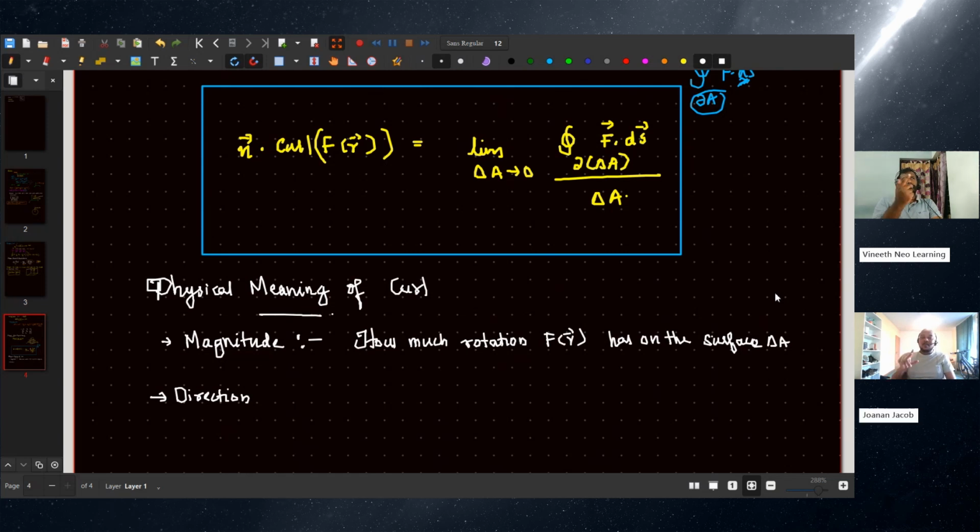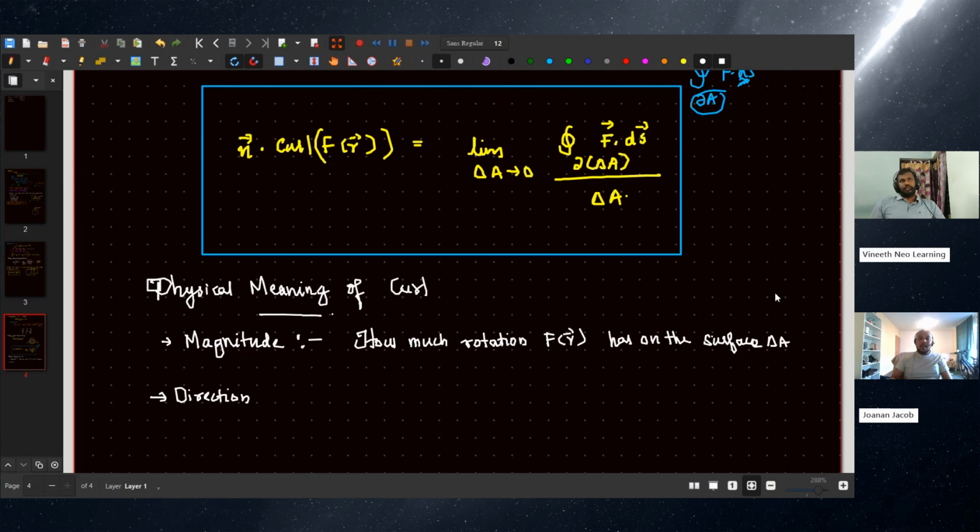No, it may be due to some other values, it may be the nature of the vector. So the curl of a vector will show you whether the f of r or the vector has a rotating nature or not.